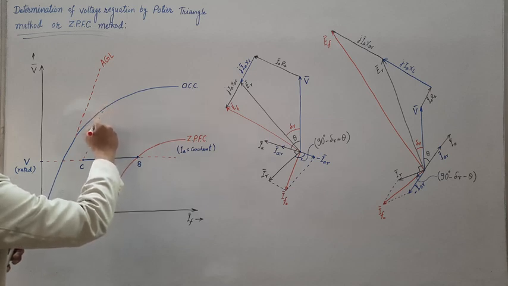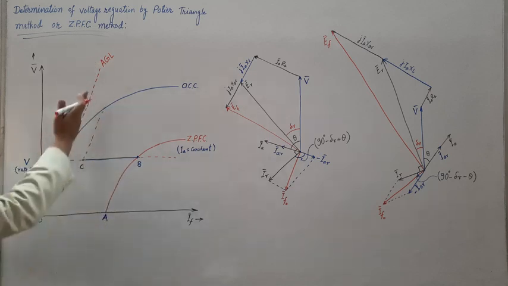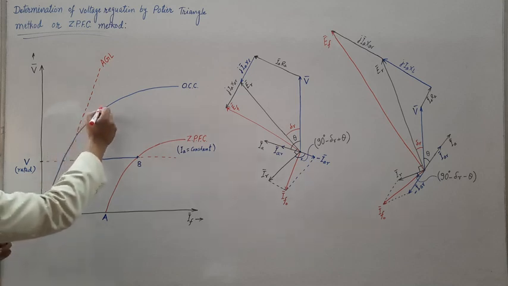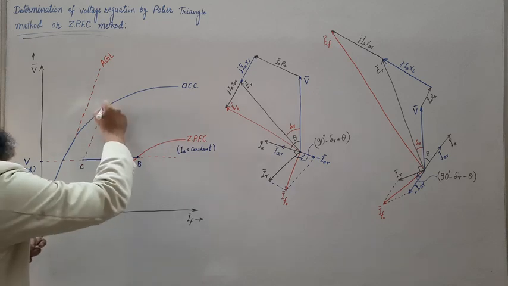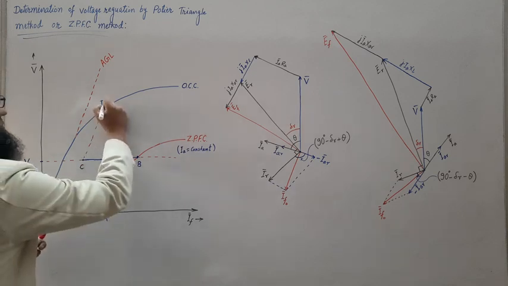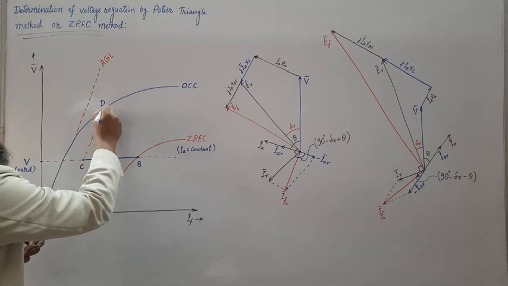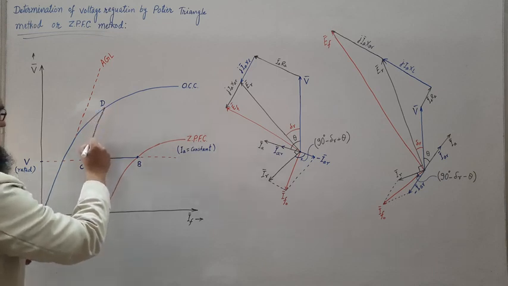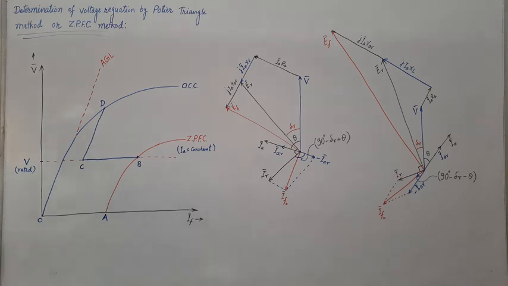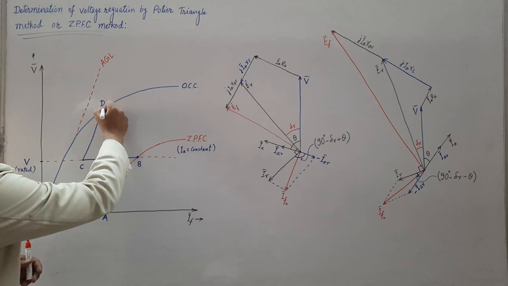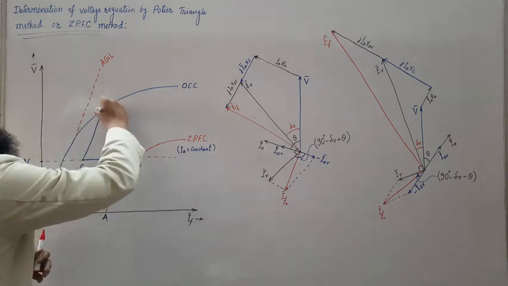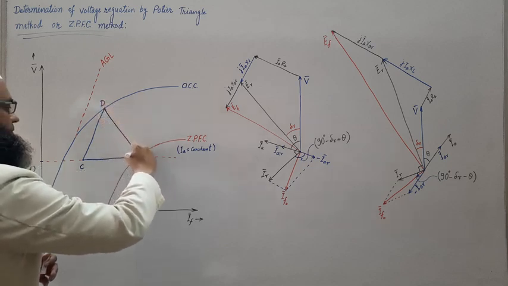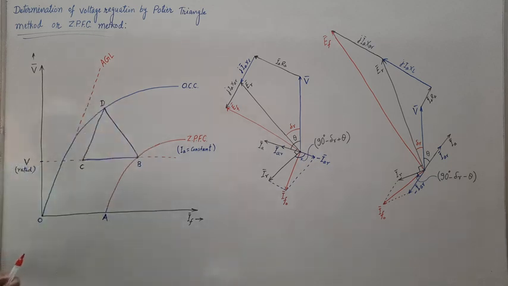Let this meet the OCC at point D. So we have drawn a line from point C parallel to AGL, and the point of intersection is D. Now connect the point D with point B, a straight line.